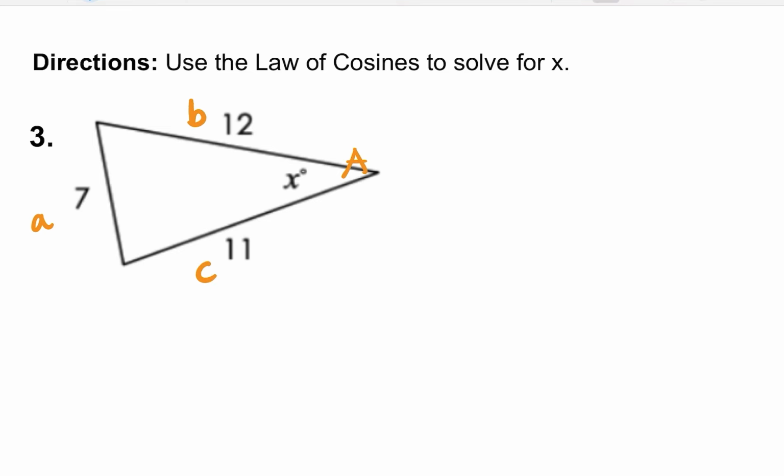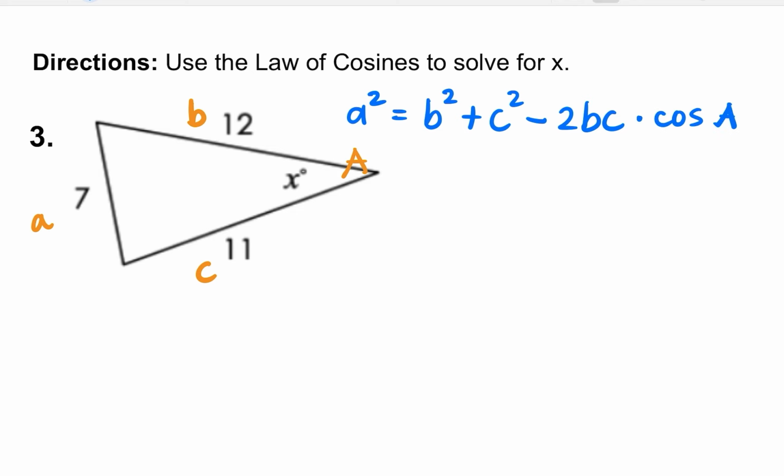So my working equation would be a squared equals, same as the one that we have been using, because I made my angle capital letter A, b squared plus c squared minus 2bc times cosine A.